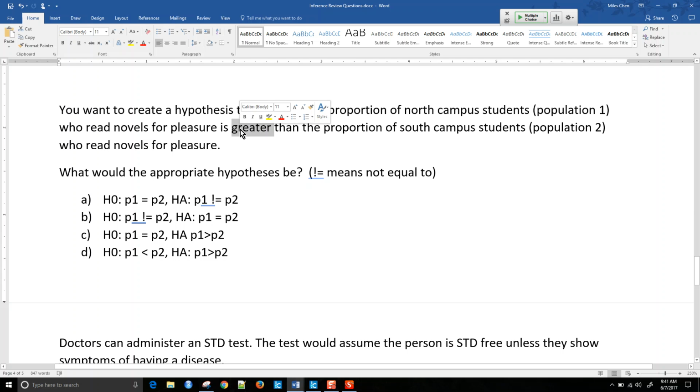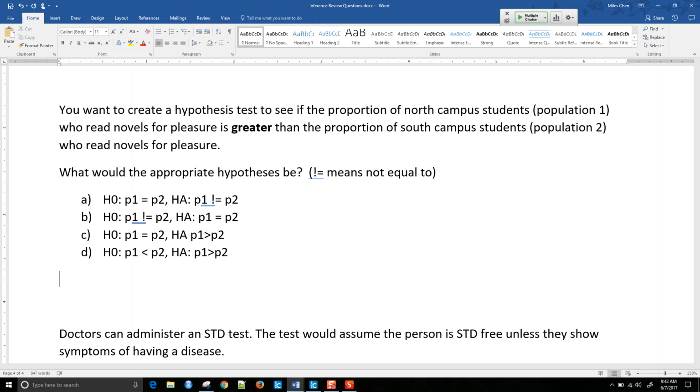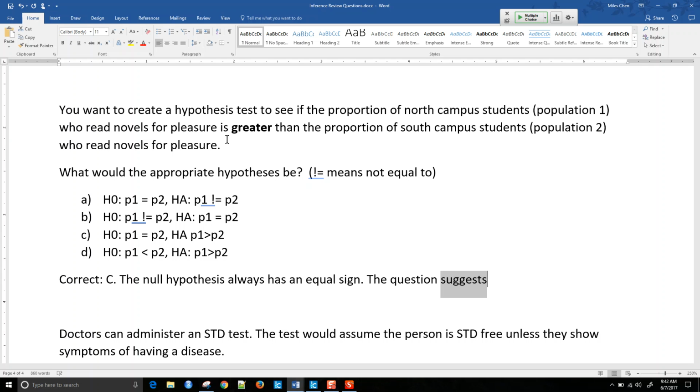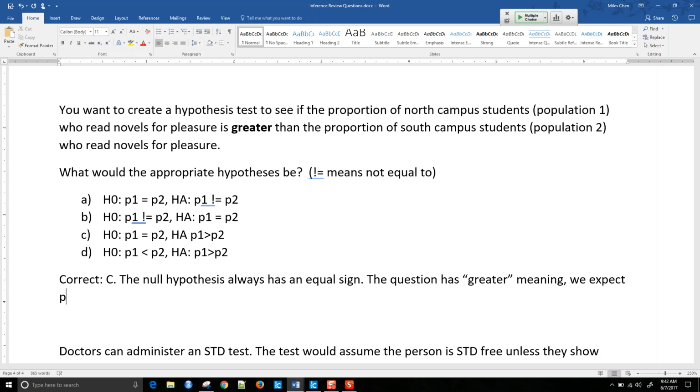Okay, the keyword here is greater, and so the correct answer choice is C. That's because the null hypothesis always has an equal sign, and the question suggests a one-sided test, meaning we expect the proportion P1 to be greater than P2.